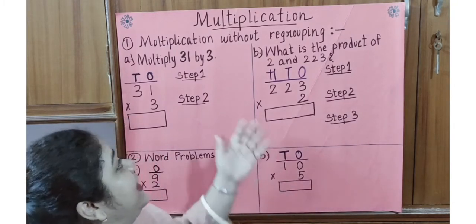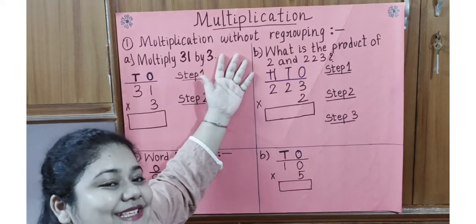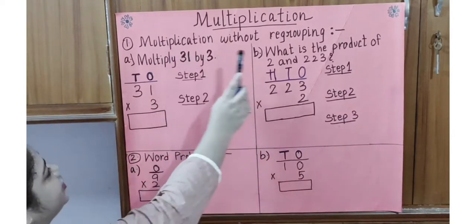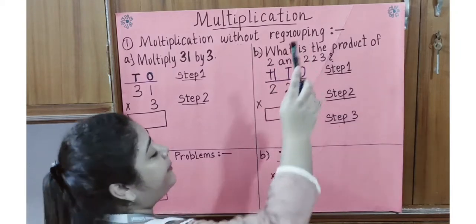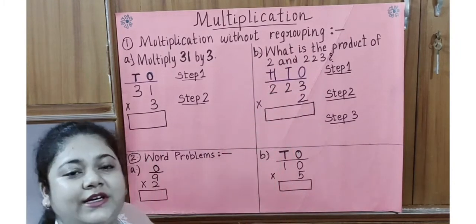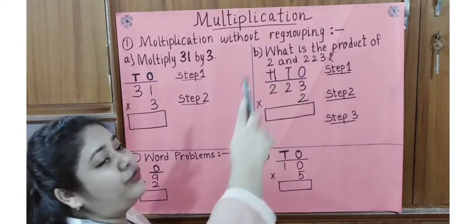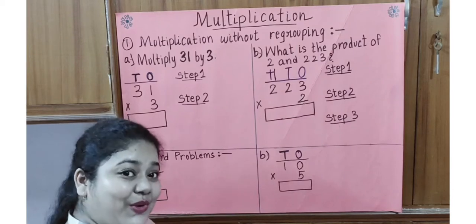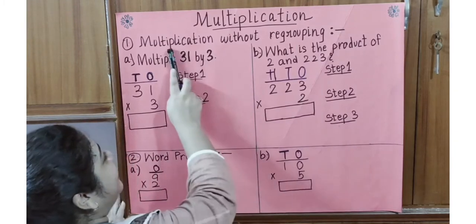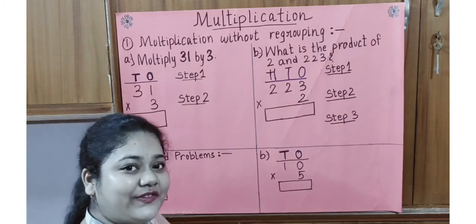So, the next topic that we are going to learn today is multiplication without regrouping, right? You have already learned about addition and subtraction without regrouping, right? Now the same thing we are going to do with multiplication, right, children?